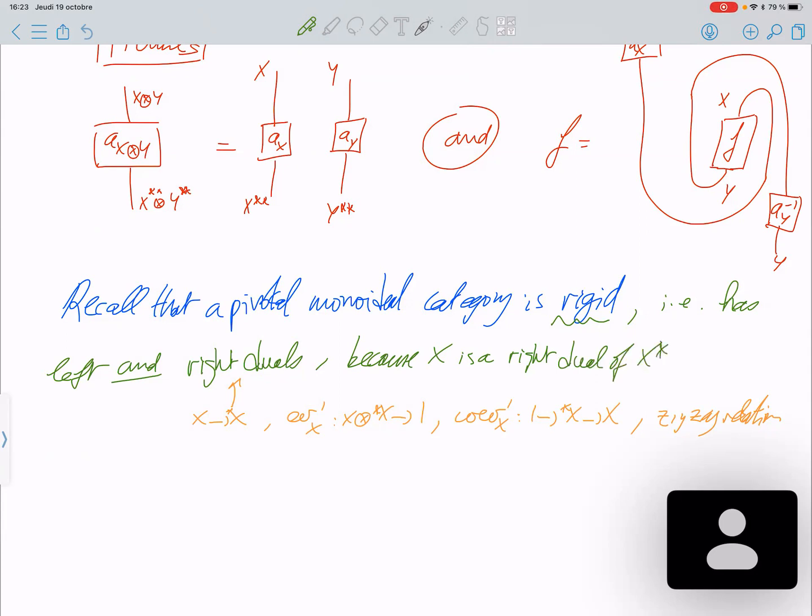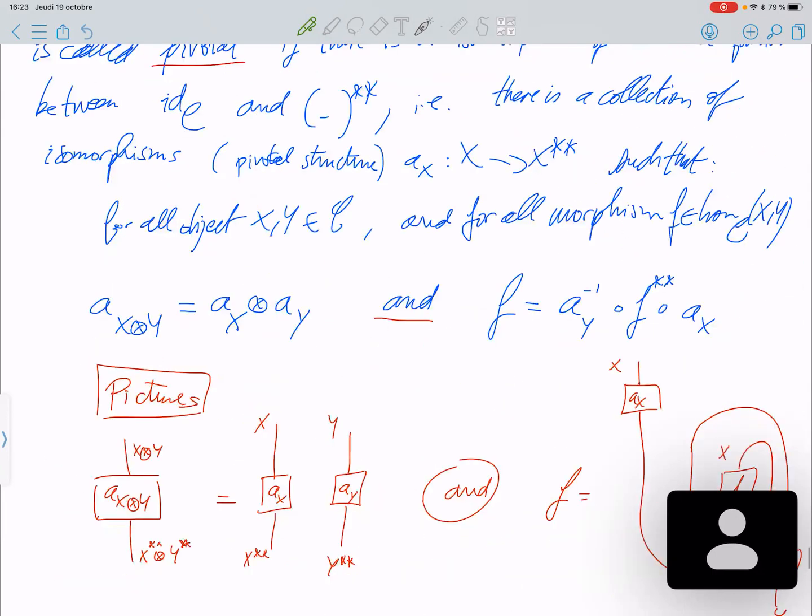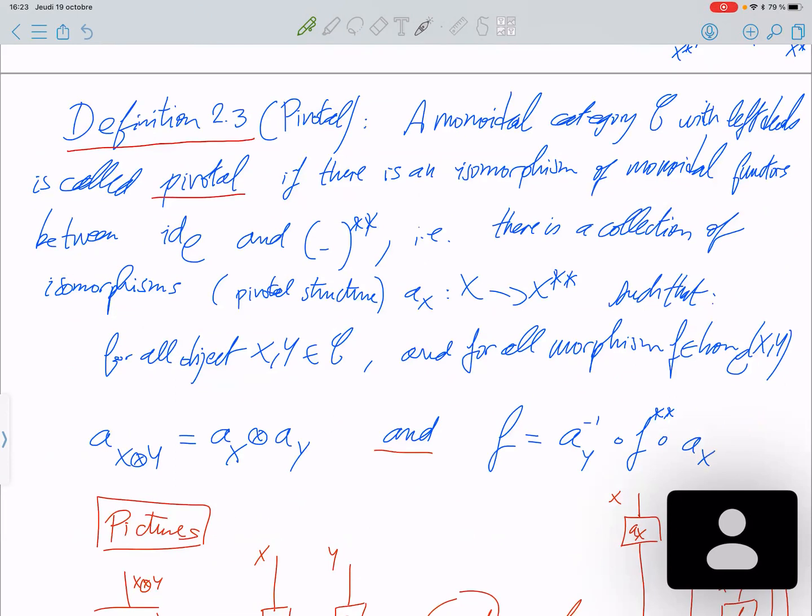Because it's pivotal, you have a monoidal functor, an isomorphism of monoidal functors between the identity of the category and the double dual.